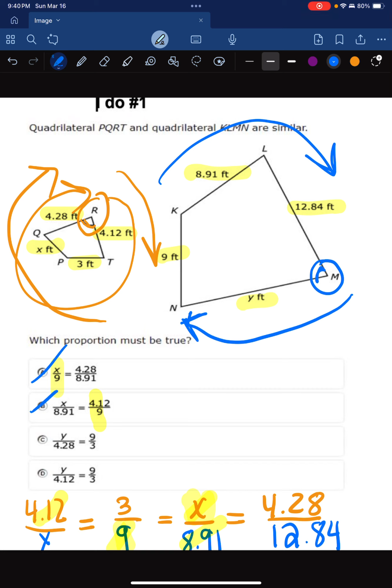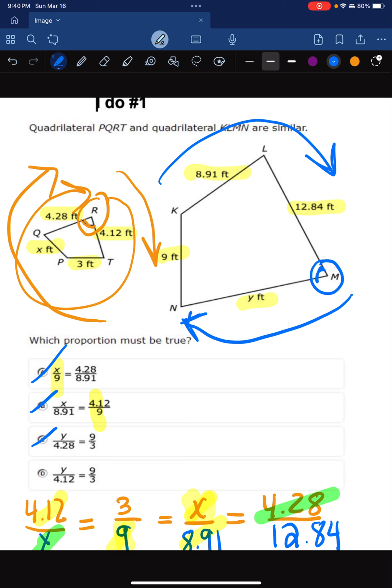If we look at C, we can see that it has y over 4.28. And you'll notice that these two numbers, the y and the 4.28, are not in the same proportion. So we know that this is not our answer.